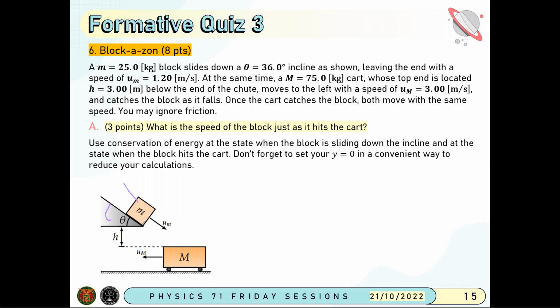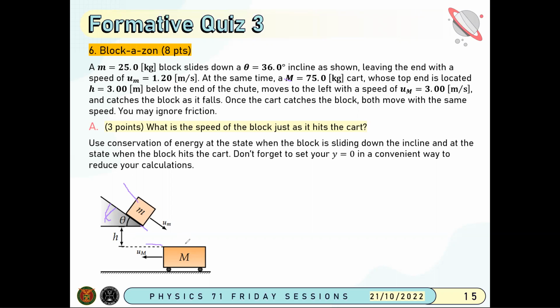So after nito, pag nahulog na siya sa incline, meron na siyang speed of u sub m of 1.20 meters per second. At the same time, a mass of capital M, big M, of 75 kilograms cart, whose top end is located distance h of 3 meters below the end of this chute, of this incline, right?